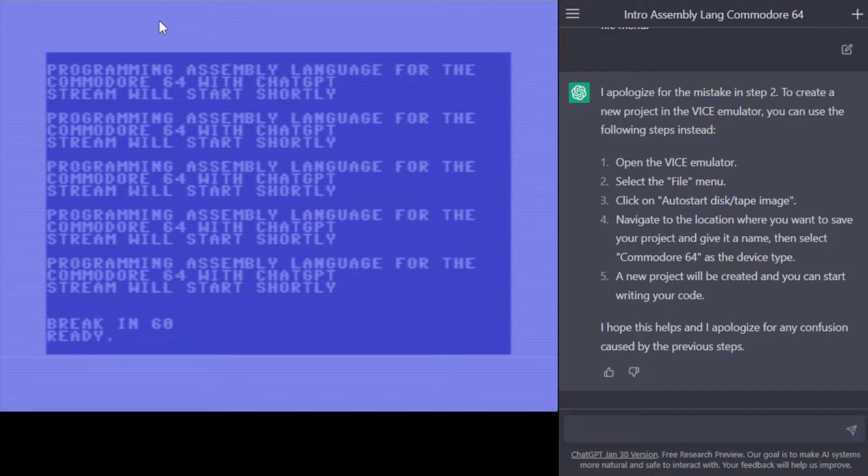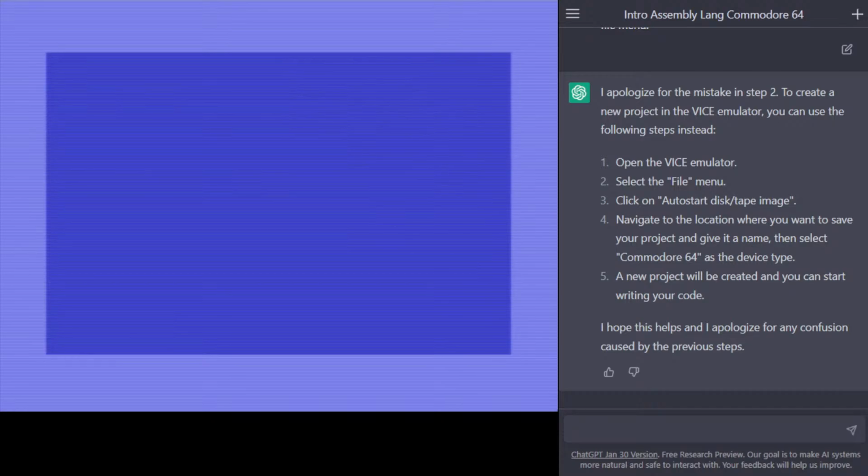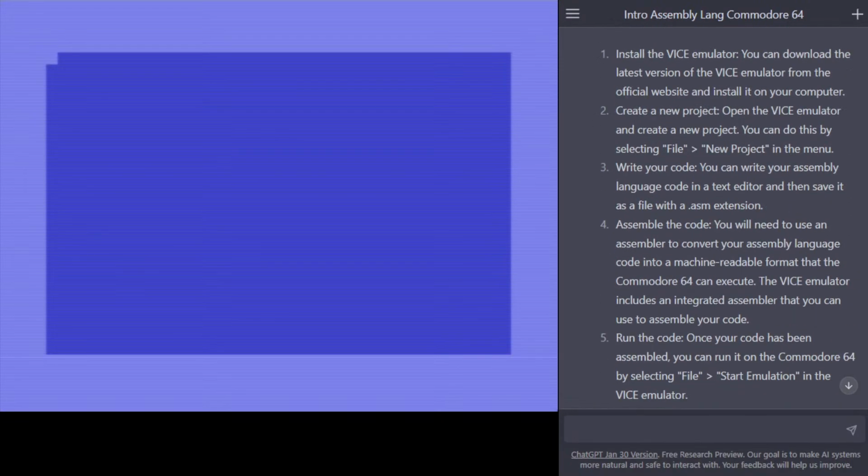There's smart attach, there's attach disk, attach diskette image, attach cartridge image. Now, so let's just assume that it's asking me to basically create a disk. So I did that ahead of time, so we'll just say that that's good. There we go. Don't really need that saying that the stream will start, because, hey, I'm talking to you guys right now, right? Okay, so let's see.